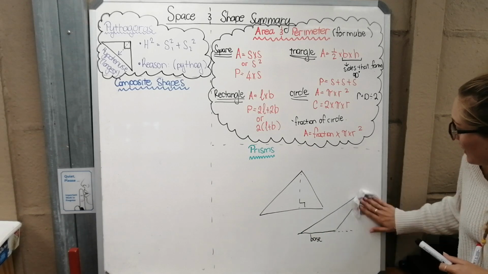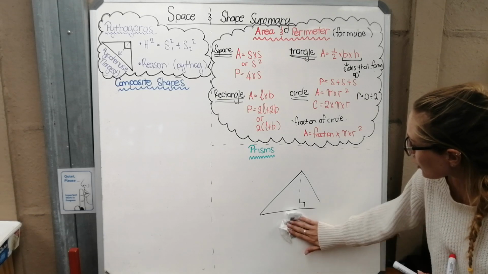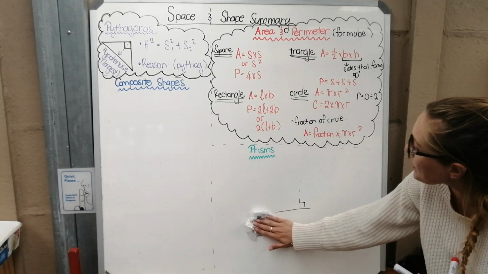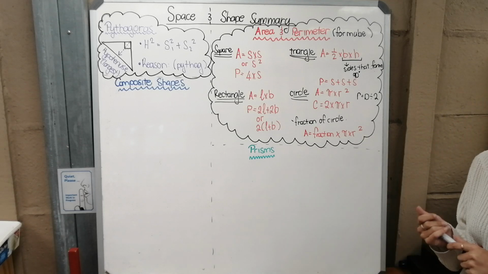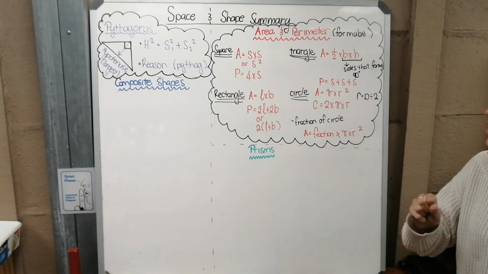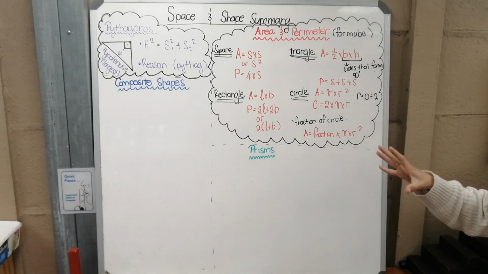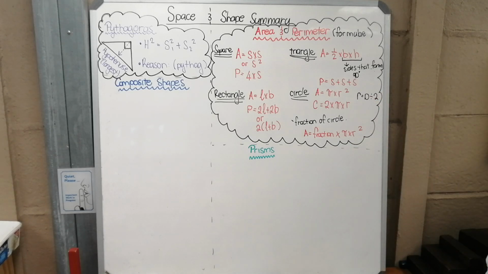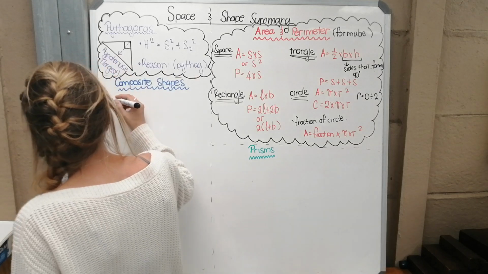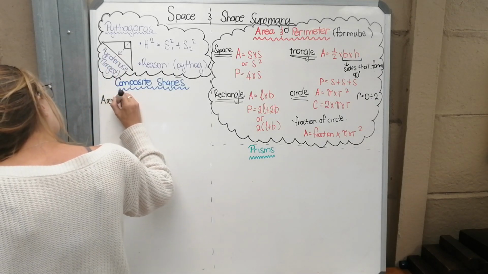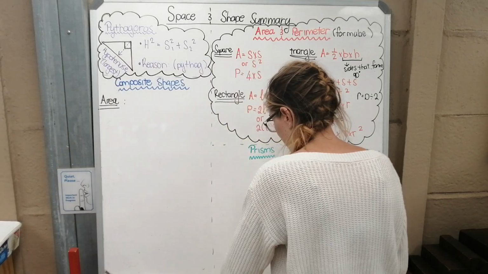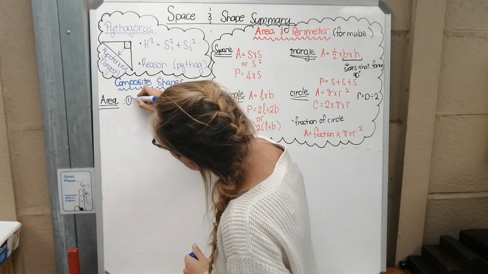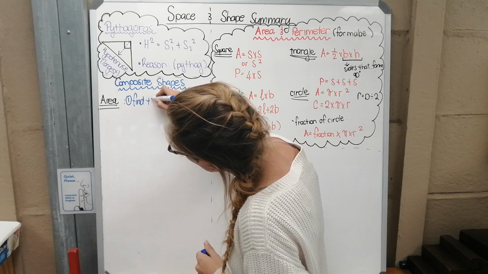Then next up we looked at composite shapes. For composite shapes, not necessarily formulae that you need to learn, rather methods. There's a method for the area, and then there's a completely different method for perimeter. So I'm going to look first at area. To determine the area of a composite shape, one, you find the area of each part.